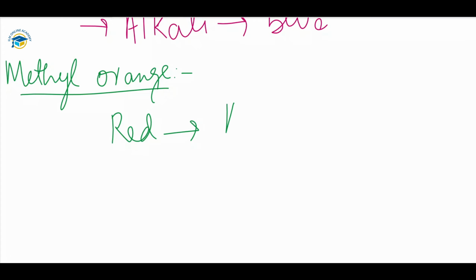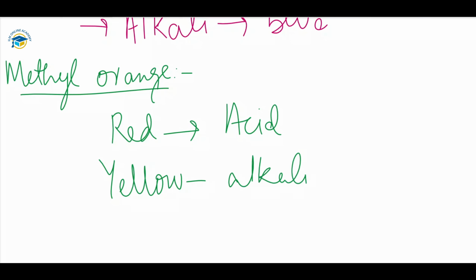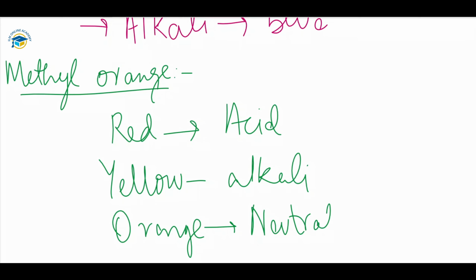Red in acid and it becomes yellow in alkali solutions, and neutral is orange. In neutral solutions, which have a pH 7, they have the color orange, red in the acidic solutions, and it gives yellow color in the alkali solutions.